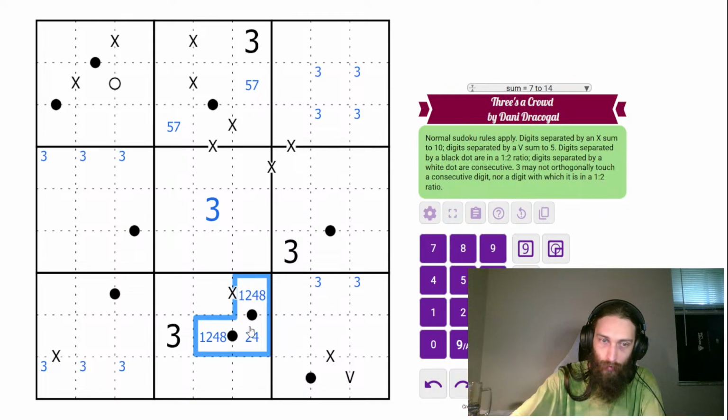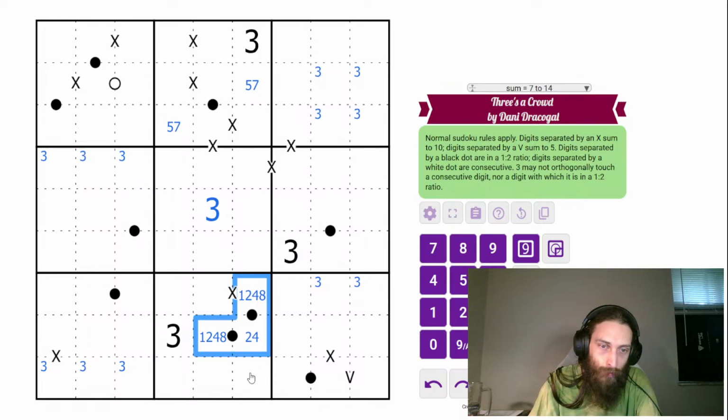One, 8, 2, and 4. Now, 2 and 4 can't be next to 3. Right.